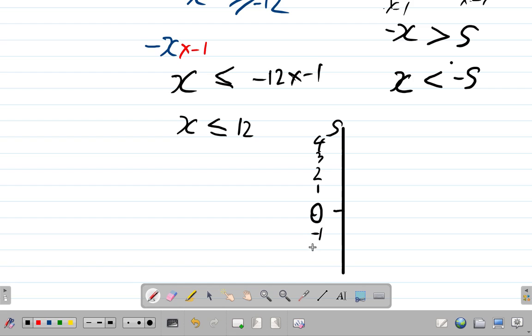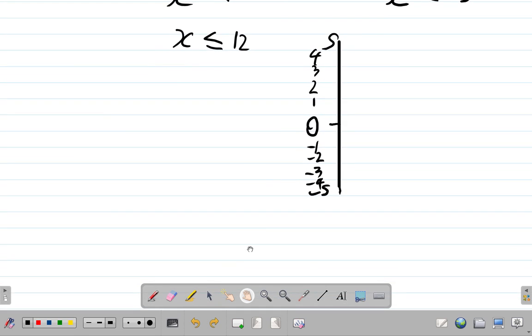Below 0 you have negative 1, negative 2, negative 3, negative 4, negative 5. Now, let's say x is the temperature. Negative x must be greater than negative 5. So let's use 6, which is less than negative 5. 6 is not greater than negative 5.